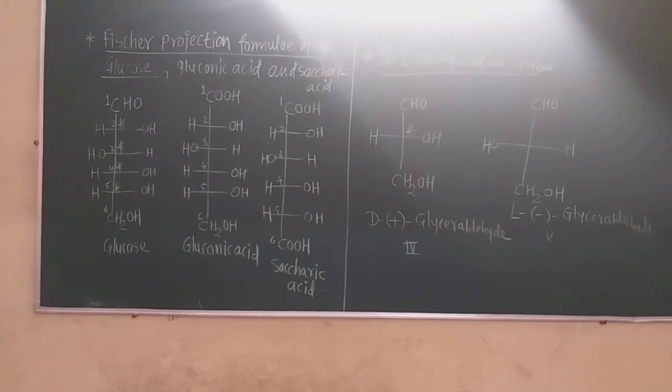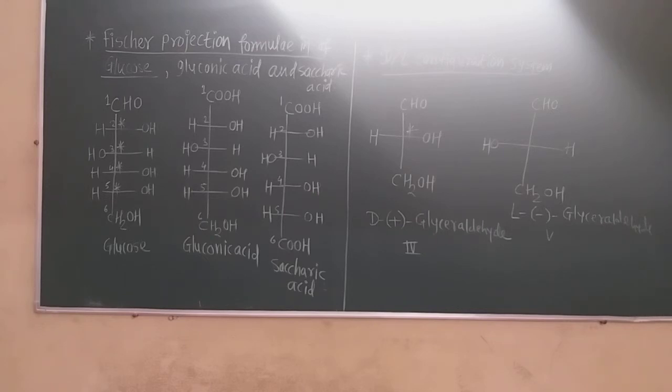Both the first carbon and the sixth carbon atom have the carboxylic acid group, COOH group, and this dicarboxylic acid obtained from glucose or gluconic acid is called saccharic acid. Now in all these three structures, there are 4 asymmetric carbon atoms or 4 chiral centers.